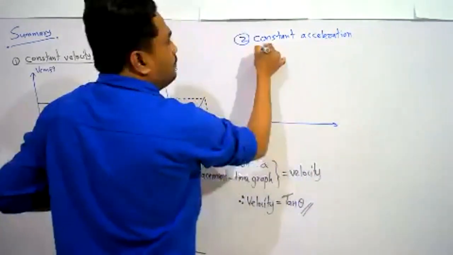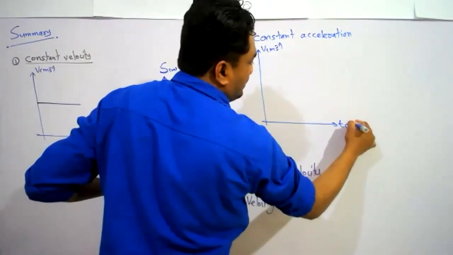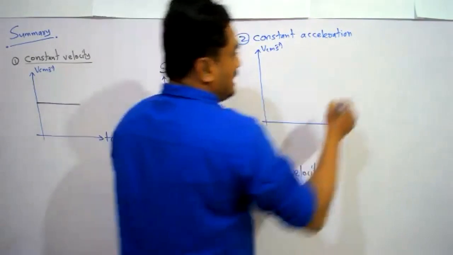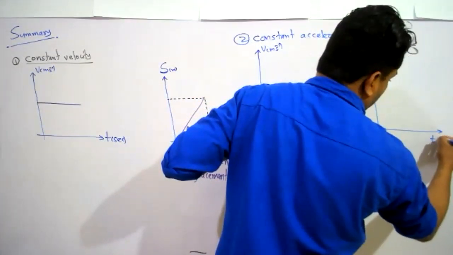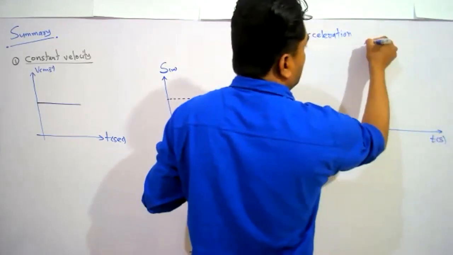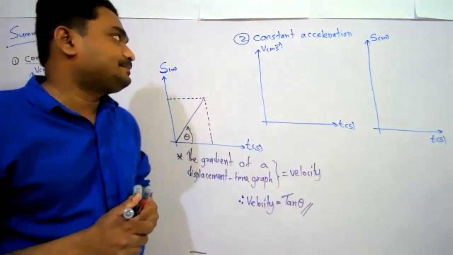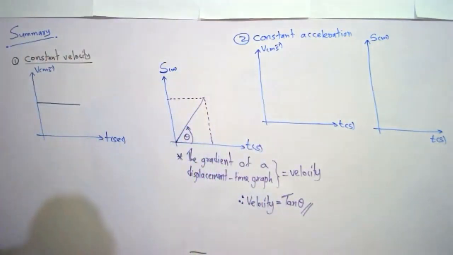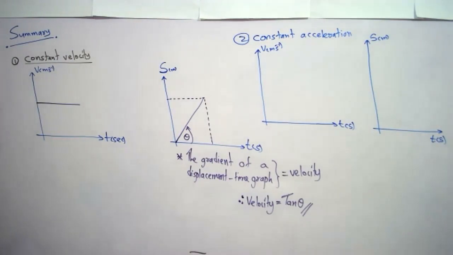Velocity time graph, V for velocity, T for time. And how do you represent constant acceleration in a displacement time graph? T for time, S for displacement. So this is what we are going to learn next. Summary number two. First, you complete summary number one.